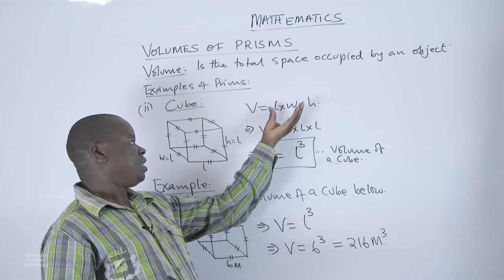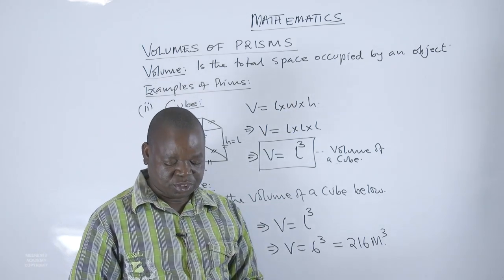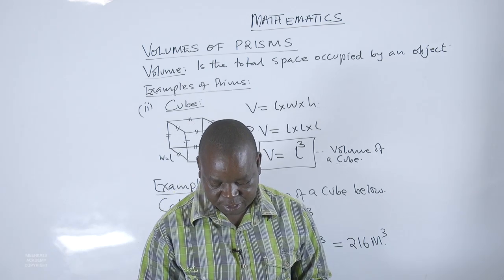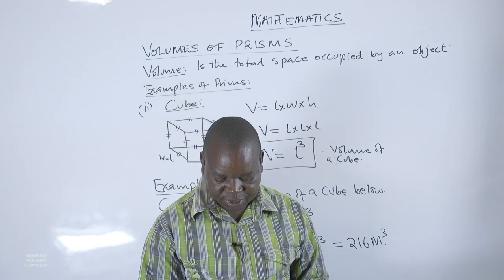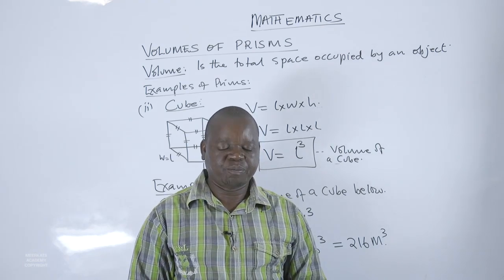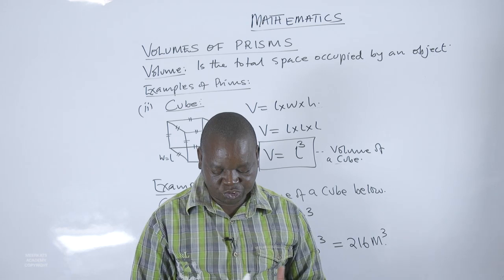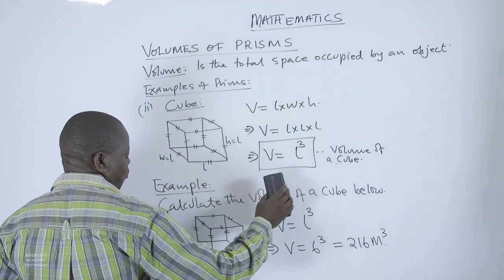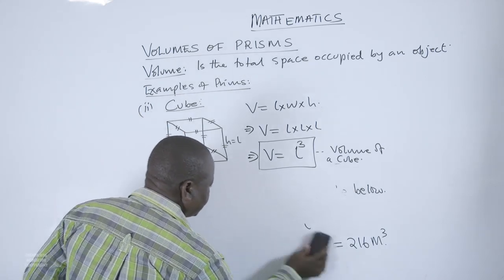So you can see these are the two basic formulae that we can use. And the same application can be done in other objects, like other prisms, for example, cylinders. Let's look at the volume of a cylinder. How do we calculate the volume of a cylinder?